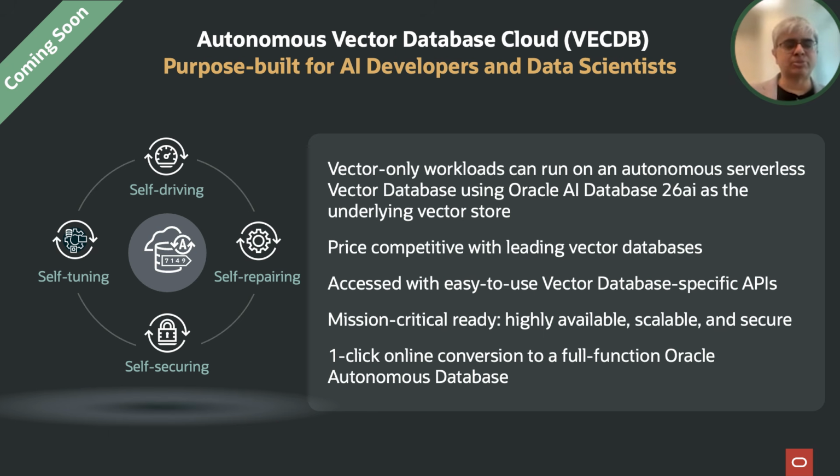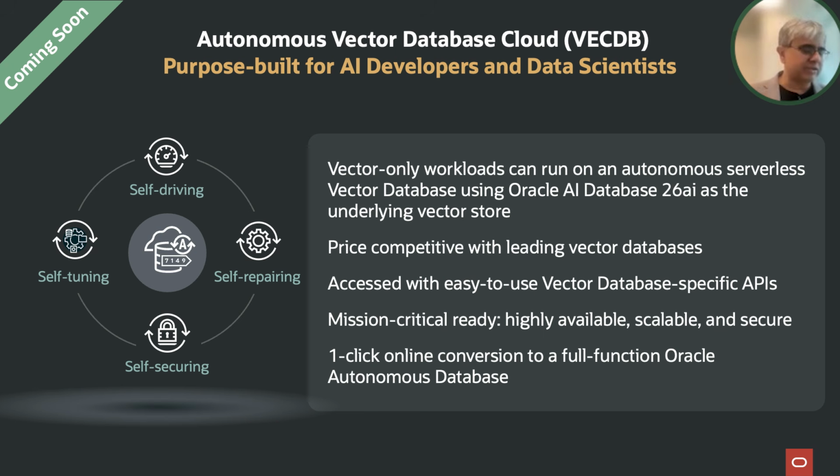Of course, this is built on autonomous database, so it is mission critical, highly available, highly scalable, and completely secure because it's built on the bedrock of a very, very advanced database engine.